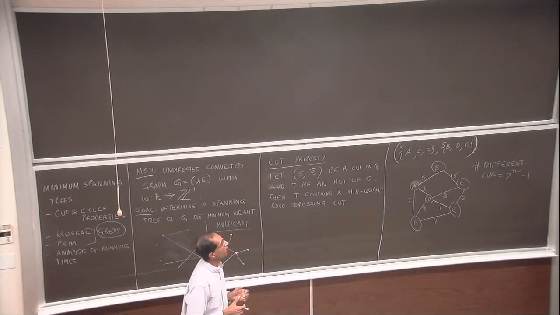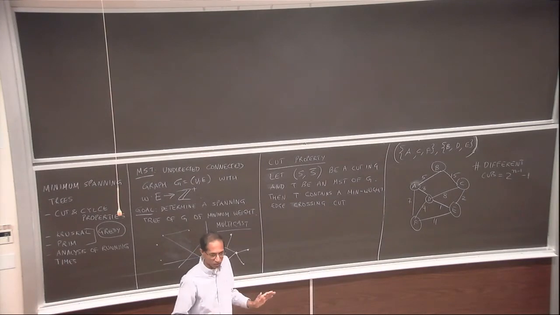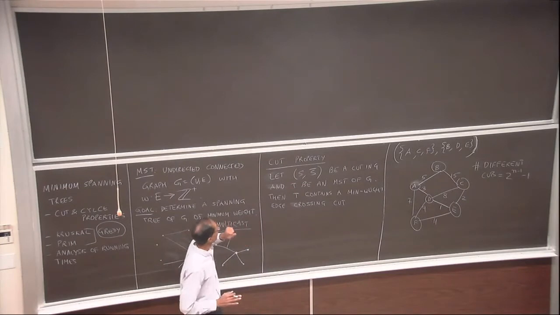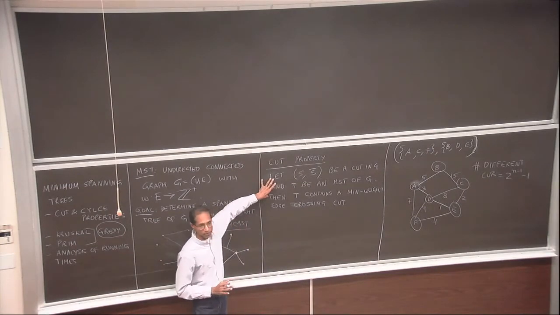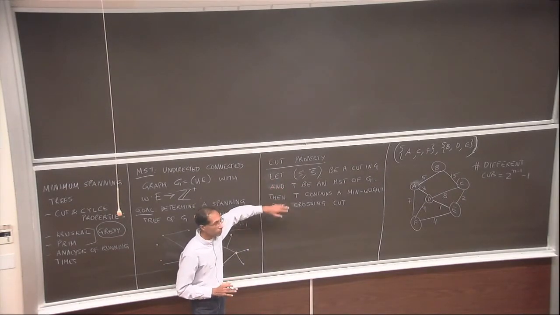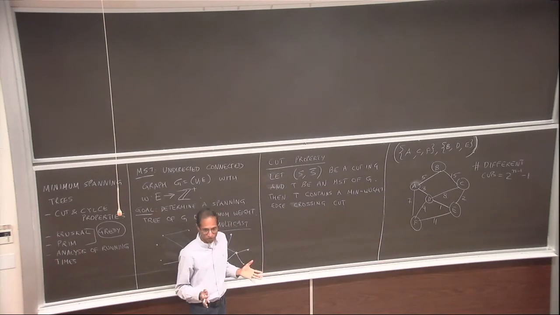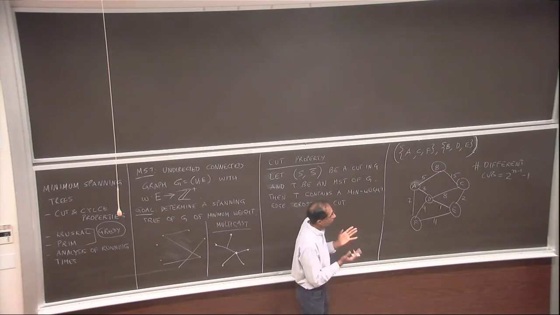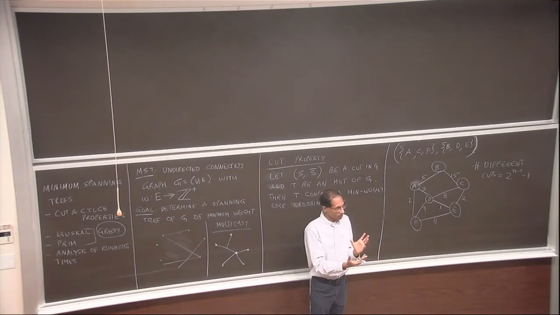So we will never be arguing statements like, I'm going to write all the possible cuts and look at every cut. We cannot do that because the sheer number is exponential. But we will make statements like: let S, S complement be any cut in G. It's important to keep in mind that when we draw a picture of a cut, it's just pictorial.